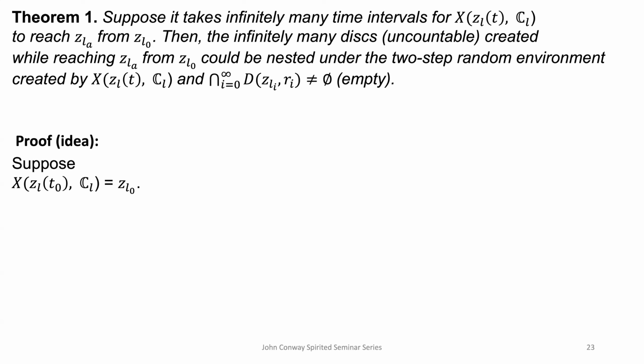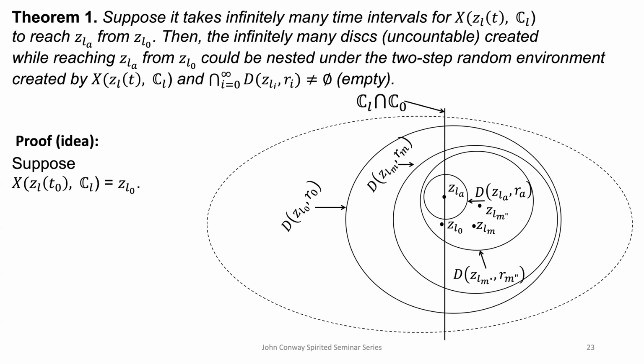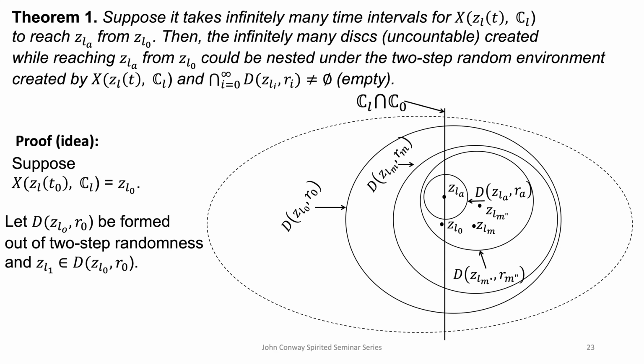Suppose the initial value as earlier, let's call it ZL0. So let D be the disk out of two-step randomness, as we just explained.